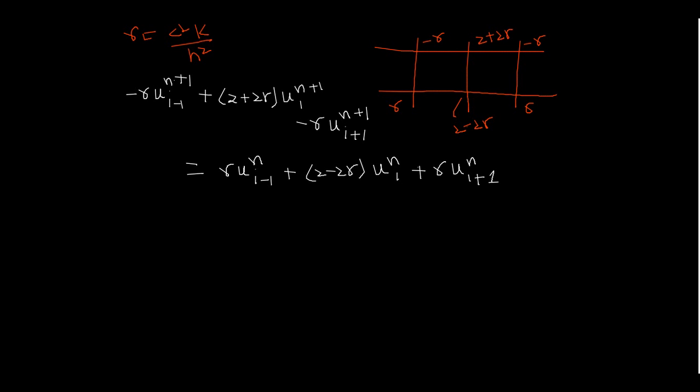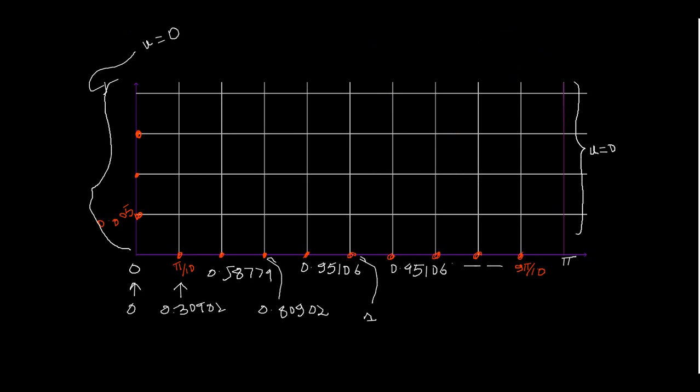So see, we know the values at these points from the last diagram. If you see the last diagram, the values at these points we know, and we are supposed to find the values at this point, this point, this point, this point, and this point.